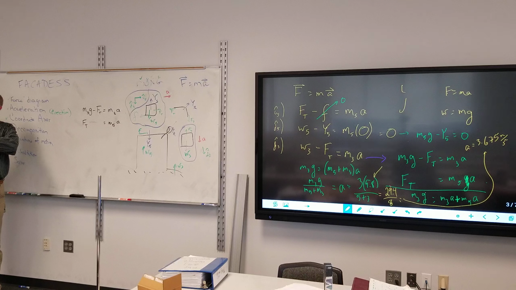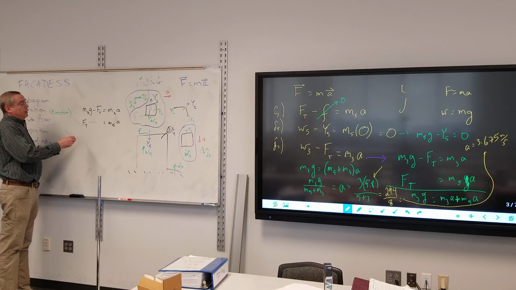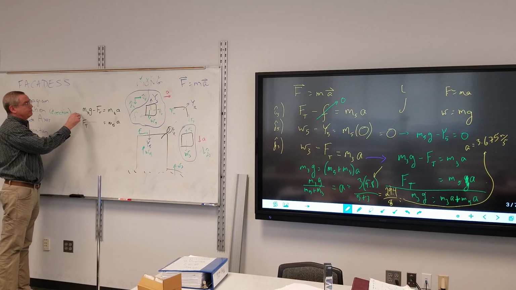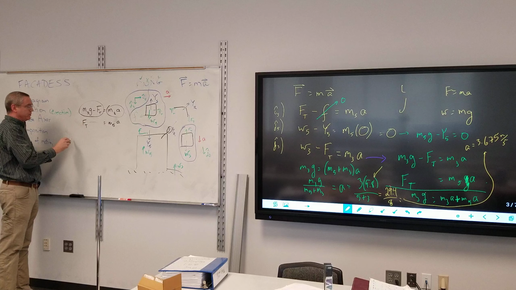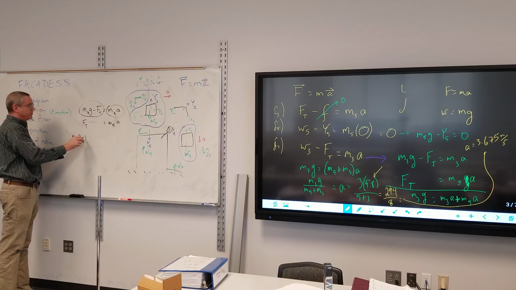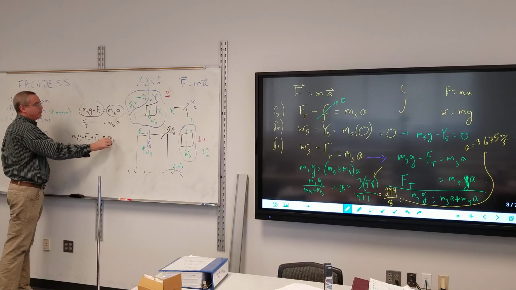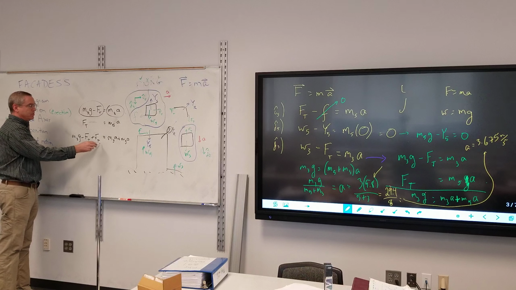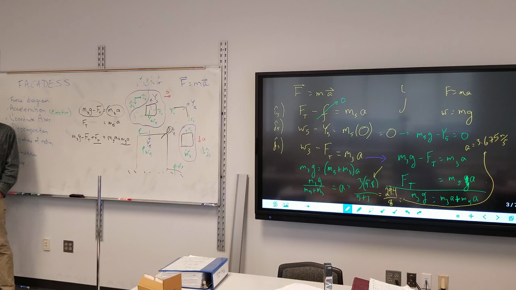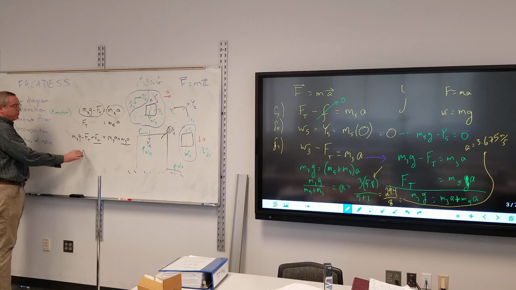If the math people have been lying to us, this doesn't work, but I'm trusting that they're telling us the truth. What I did was take those equal to each other and add the same thing to both sides. On this side, M3G minus FT, I add plus FT. On the other side, I have M3A plus M5A. I added the same thing to both sides because my second equation says that those are equal. The tensions cancel out, and what I'm left with is M3G.